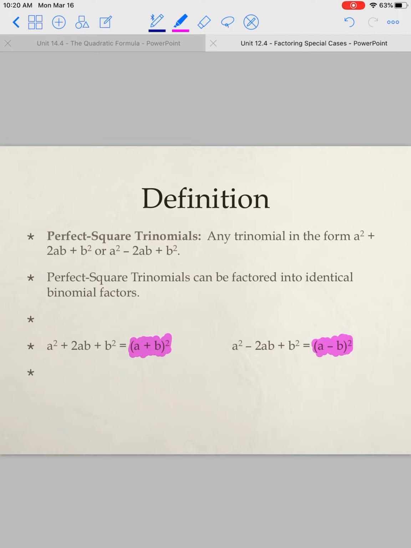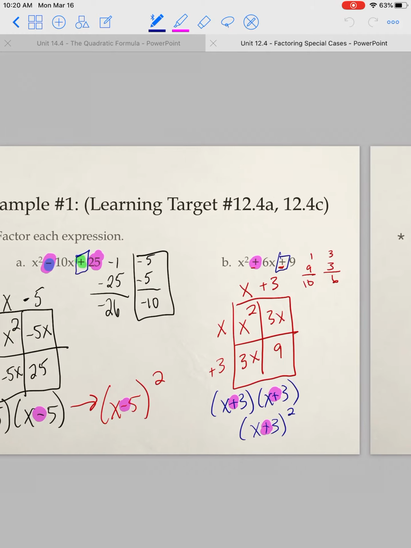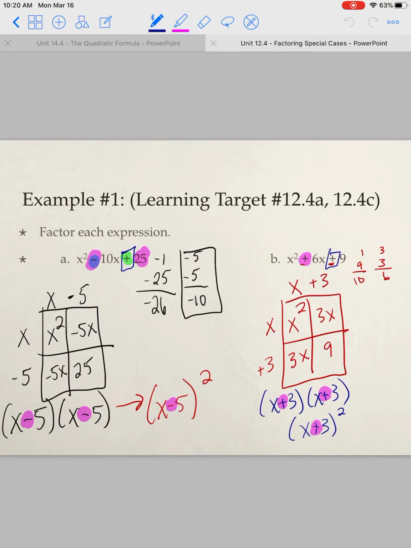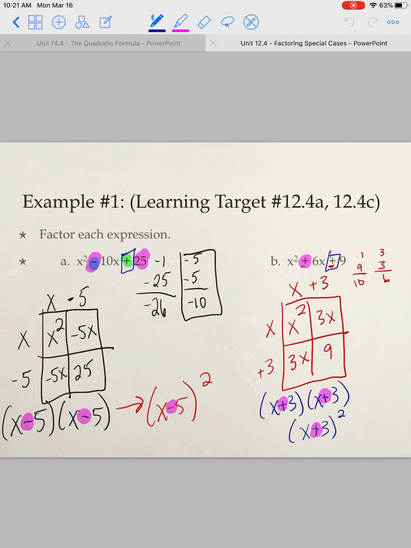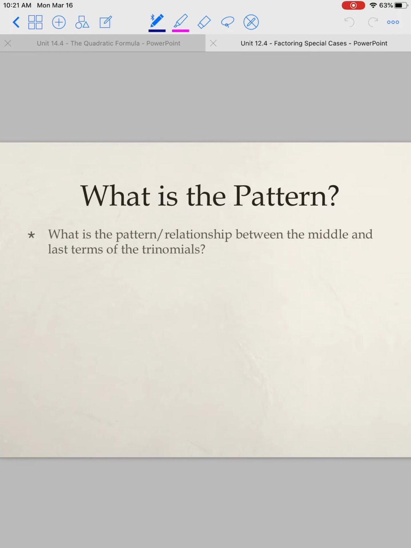Now, notice how here as well, it has to be the same exact sign for them to be that way. If for some reason on the x minus 5, this happened to be a plus instead of a minus, I cannot write it that way, because it's not the same term. It has to be the same exact term in order to do that.